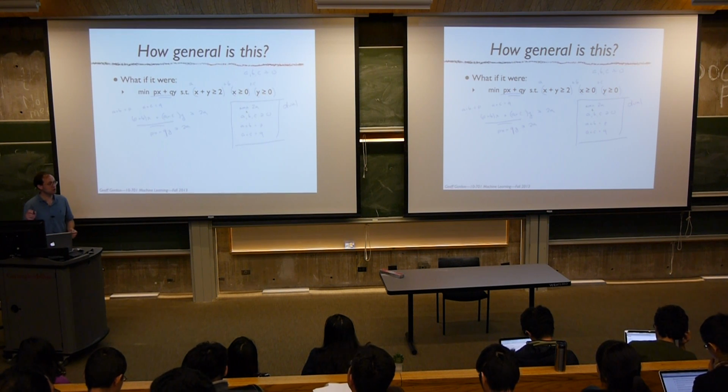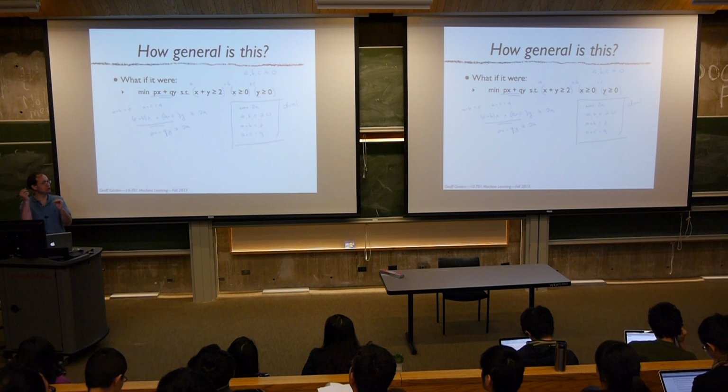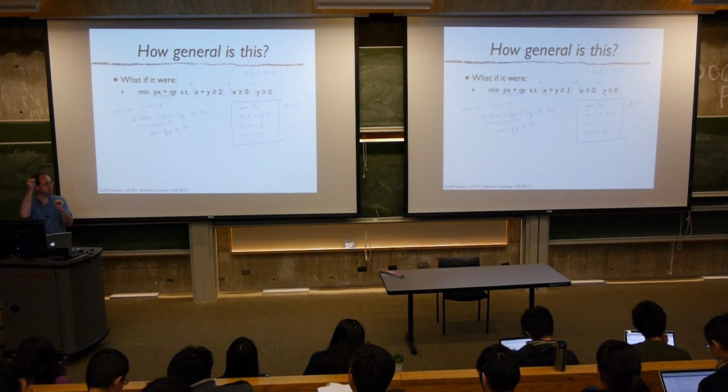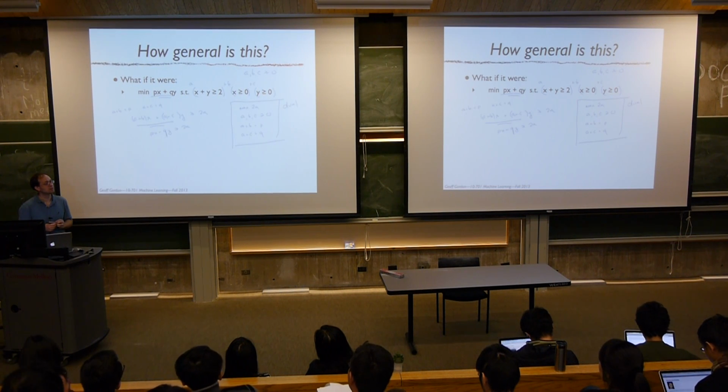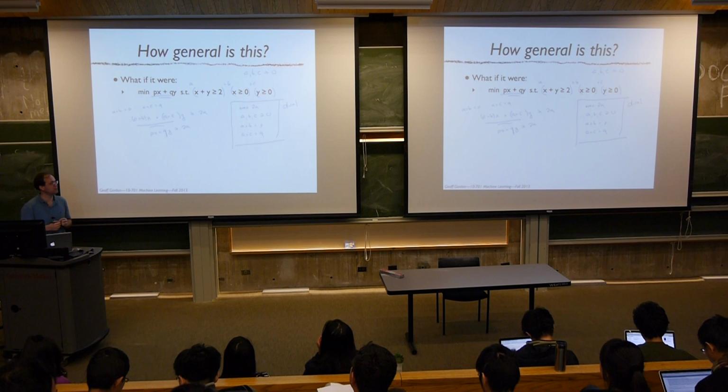And so if you find a feasible point, that gives you a lower bound on the value of the optimal solution to the dual and the primal, right? And so you're never going to be able to find a primal feasible solution whose objective is better than that. I guess I mean if you're trying to minimize px plus qy and p is positive and q is negative, you're trying to minimize some difference between them. Right. So let's say p is +1, q is -1, right?